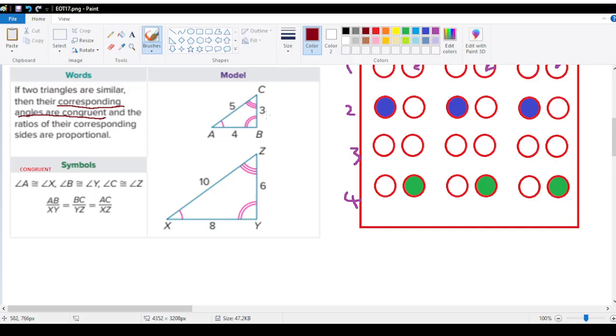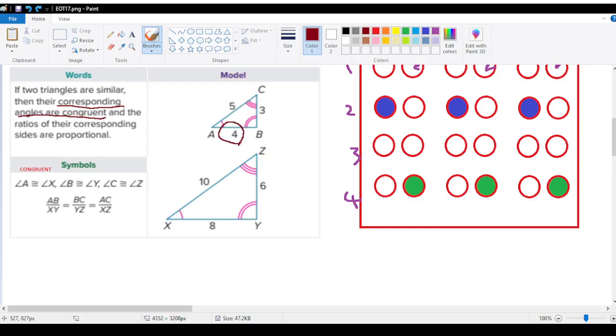Now look, this side was 3, right? The length of the side is 3. How much did it become? 6, double. That's correct. How about this one? It was 5 and it became 10, the same rule, it's doubled as well.